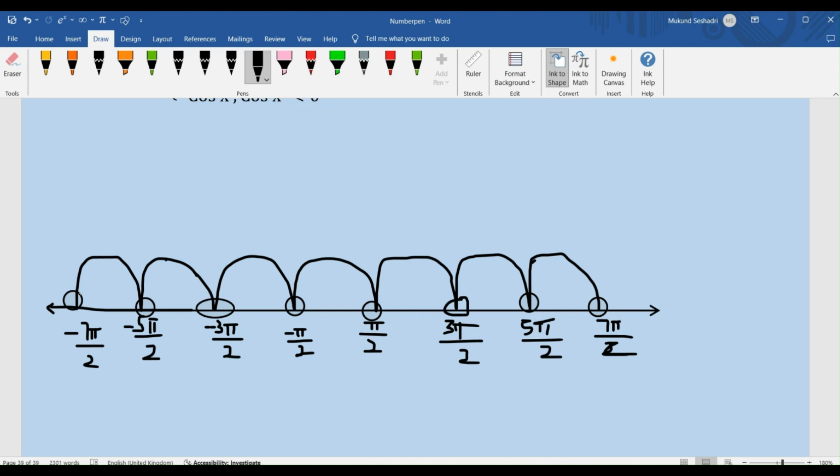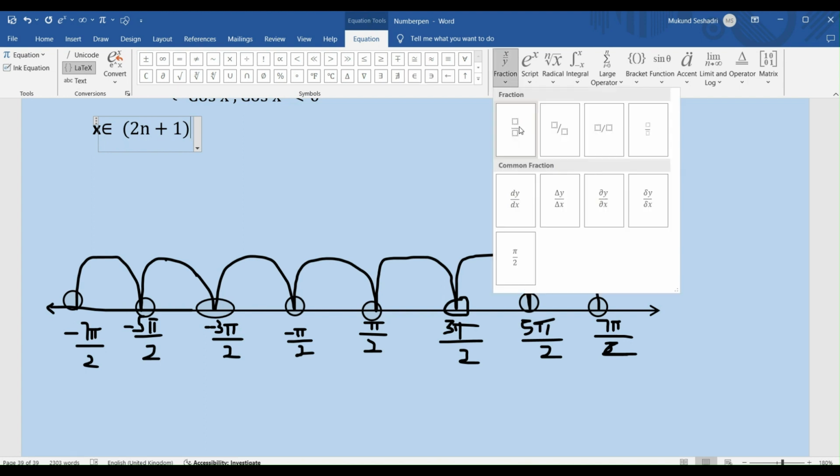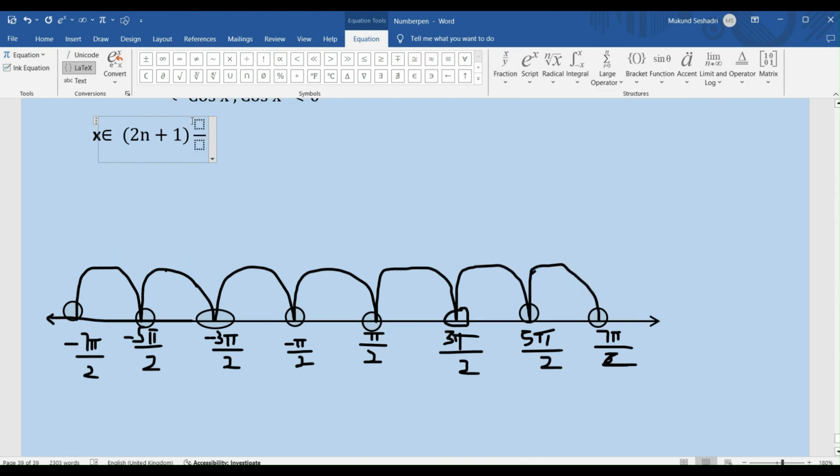Now it looks like we can generalize these points, and we can definitely say x belongs to 2n plus 1, and what is 2n plus 1? My odd integer set, right?